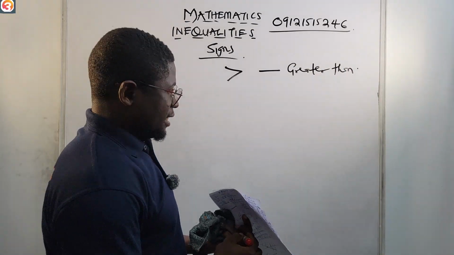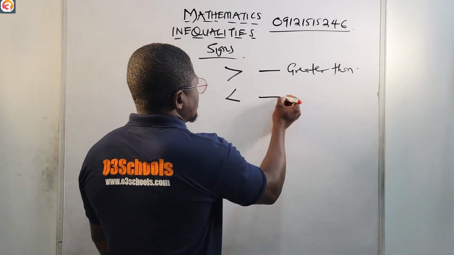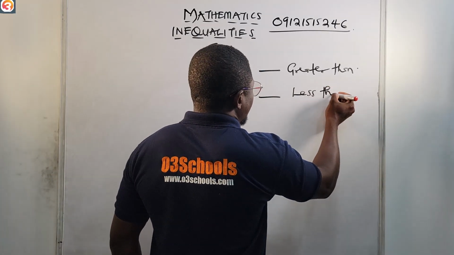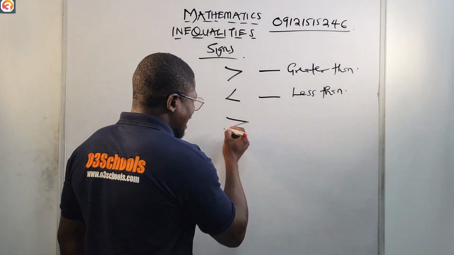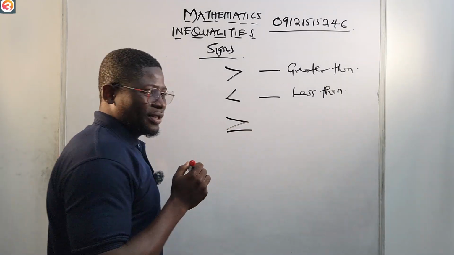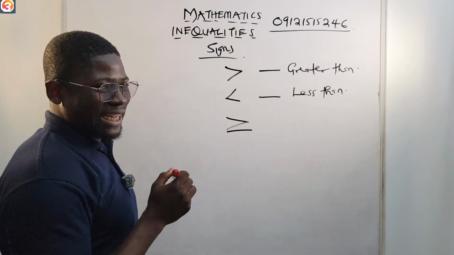All right, then the other one that goes like this is less than. Then we have the one that goes like this and has a horizontal line underneath it.